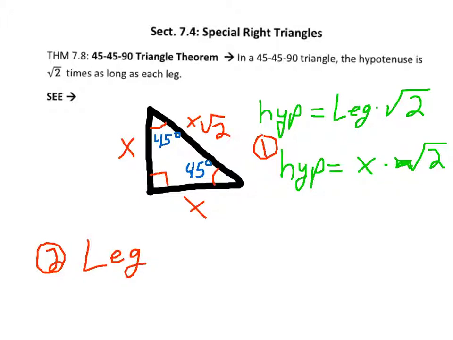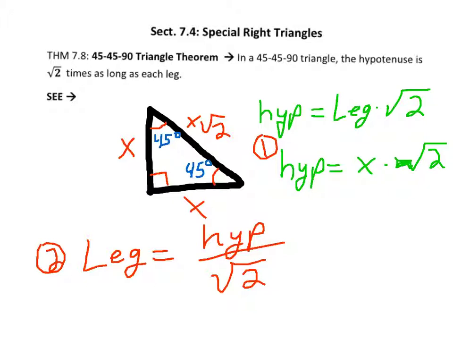If we solve this formula for the leg, we get this equation: the leg equals the hypotenuse divided by the square root of 2. So those are the two results of this.